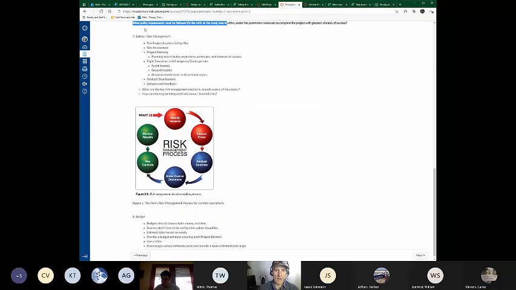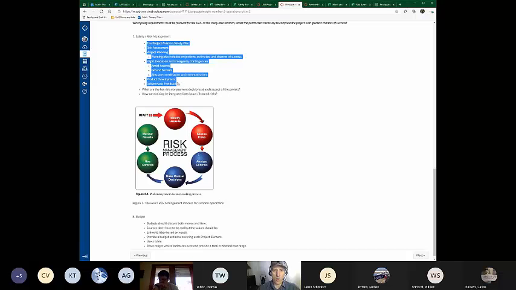So, safety and risk management, and I will go into a little bit of detail about what I'd like to see in your project outlines for risk management. We've talked a lot about risk management, and you guys can go back and look at human factors if you want to think about what else gets thrown into this section.